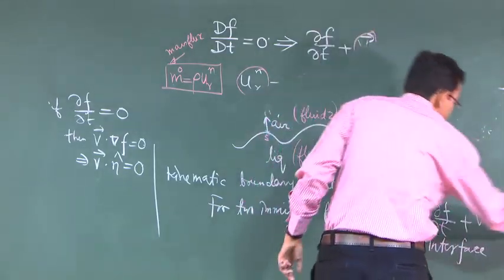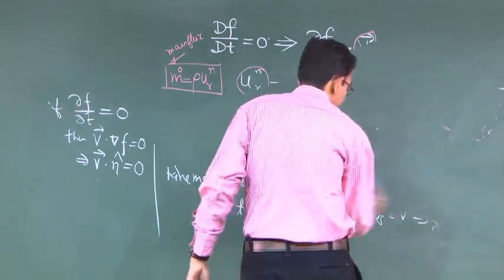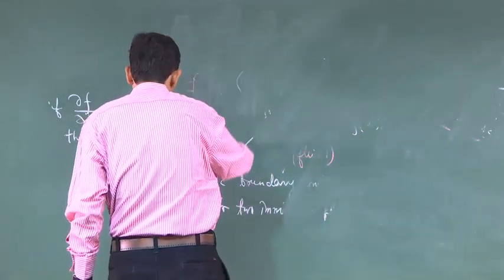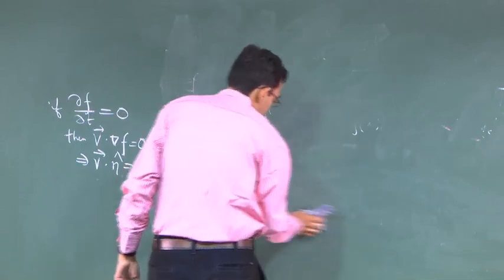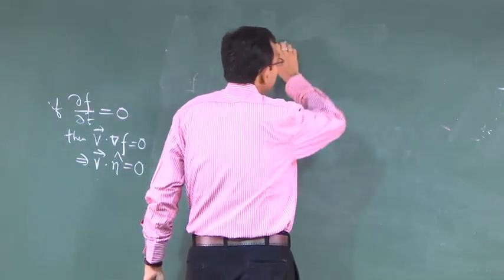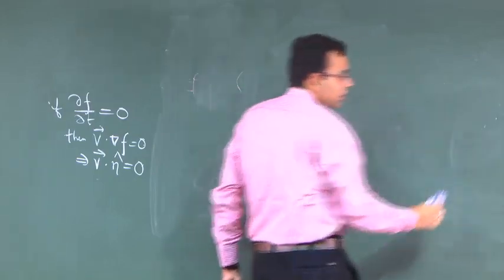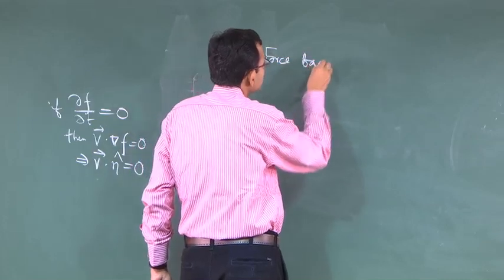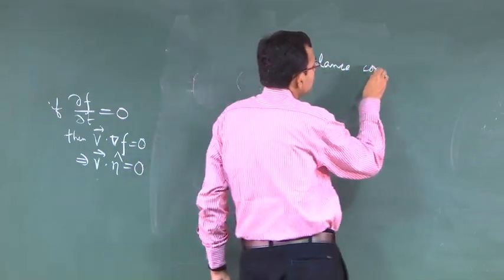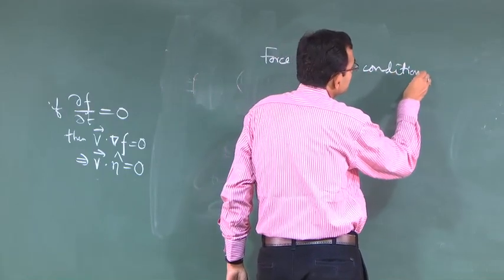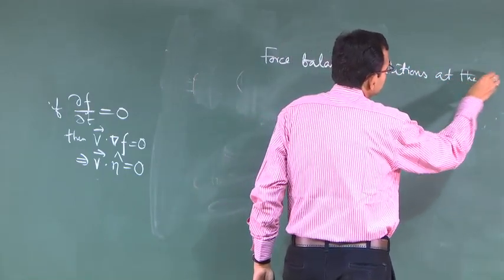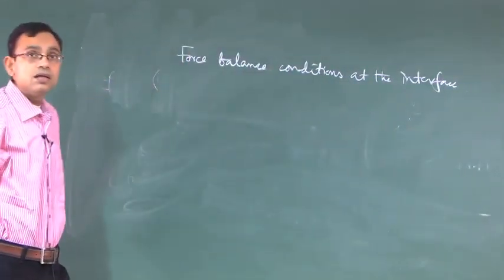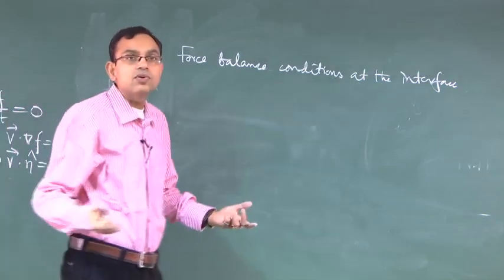Now, so far we have discussed the kinematics at the interface, but what about the forces at the interface? Regarding the forces, there would be a tangential force balance and there should be a normal force balance. So, when you come to the force balance conditions at the interface, the first question is, what are the forces?